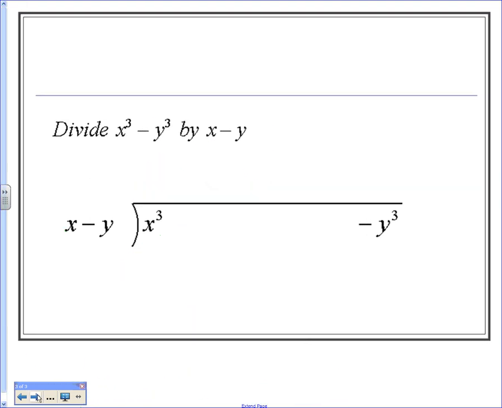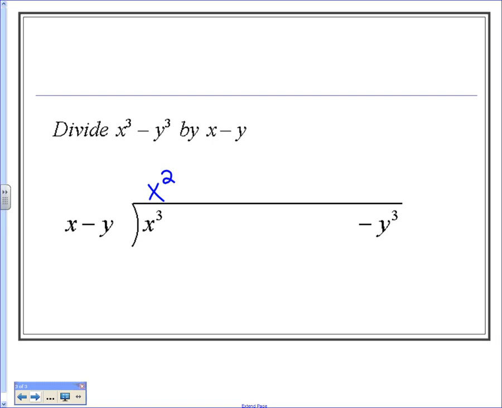Let's look at another one. All right, what do we do first? X squared.